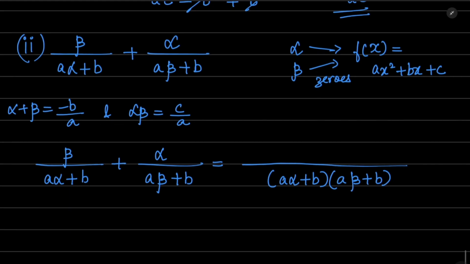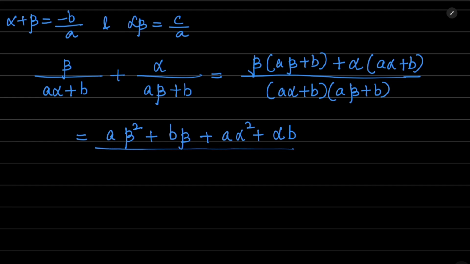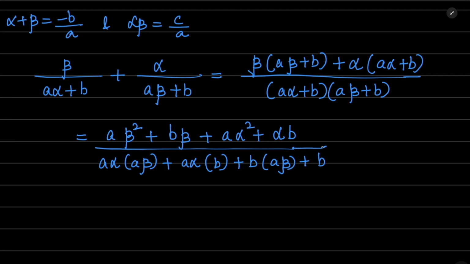So in the numerator, the first term would be beta is already there, beta multiplied by (a beta plus b) plus alpha multiplied by (a alpha plus b). Now let's multiply each term. So what you get here is a beta square plus b beta plus a alpha square plus alpha b, whole divided by a alpha into a beta plus a alpha into b plus b into a beta plus b into b is b square.